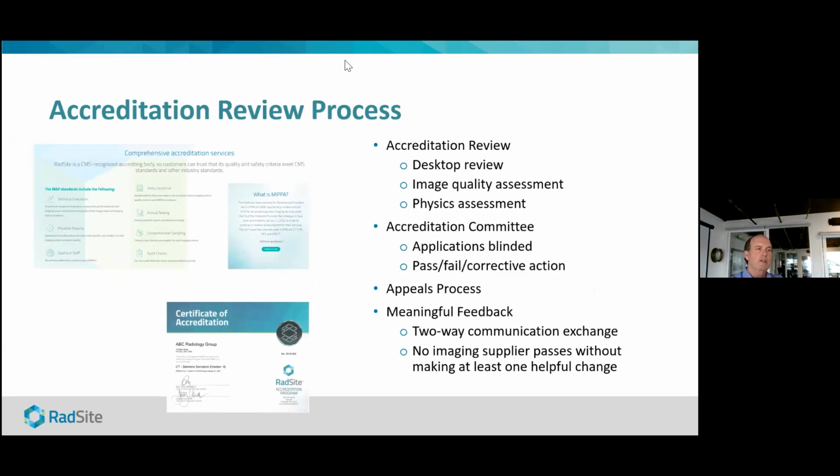I think it really is transformative, the way that we put this together. You do get an accreditation certificate describing your accreditation for each location, for each imaging system. You're listed on our online directory. We actually give your information to CMS and several other payers, so they'll reimburse you automatically as part of the process.